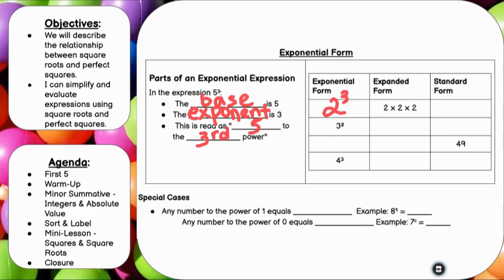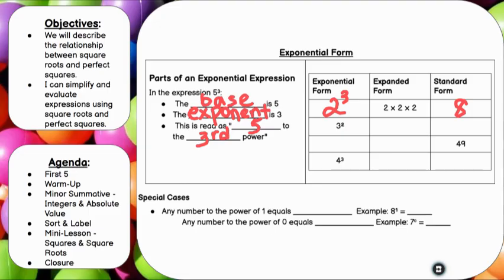Then the most common mistake students make is they look at the exponent and the base and multiply them. So 2 times 3 equals 6. No. Instead, you want to multiply the base the same number of times as the exponent. So in this case, 3. So 2 times 2 is 4, times 2 is 8. So our standard form here would be 8.